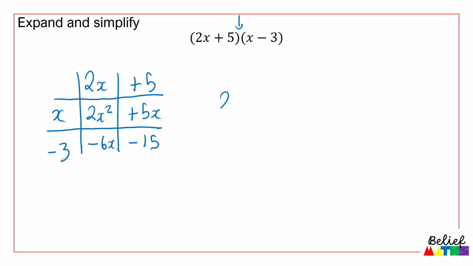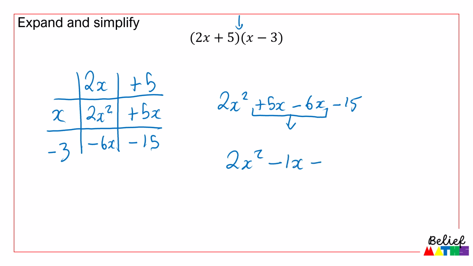So if we list out all the values we've just worked out, 2x squared plus 5x minus 6x minus 15. And then you can see our 2 middle terms here are like terms. So we can collect those and we end up with 2x squared, 5 take away 6 is minus 1x, and then minus 15. So when we expand and simplify those brackets, we get 2x squared minus 1x minus 15.